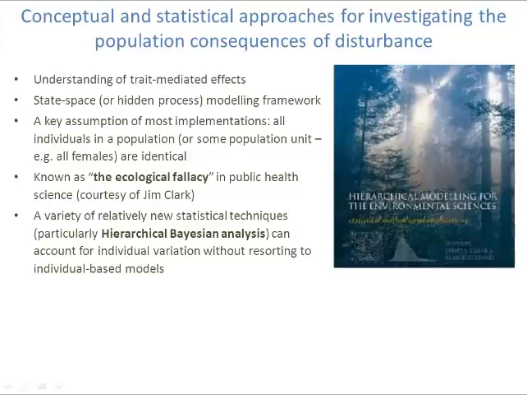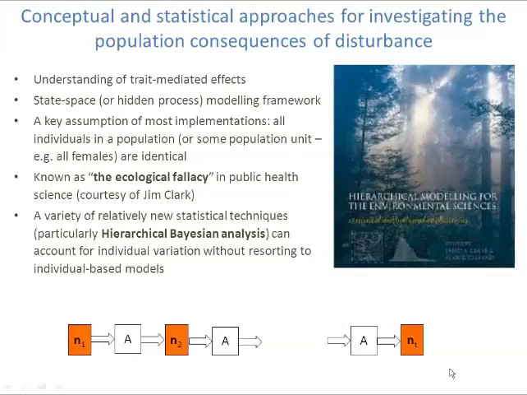All we know suggests that individuals vary. And it's something that's in public health sciences called the ecological fallacy. Ecologists are pretty dumb about this, but fortunately we've developed techniques to take account of differences between individuals now, using something that's got the very fancy name of hierarchical Bayesian analysis. Could I have the next slide, please, Anna?